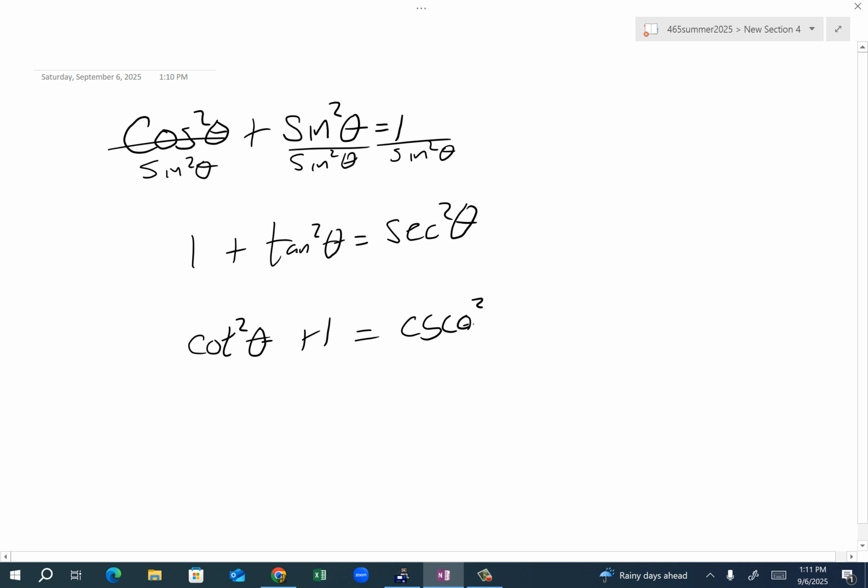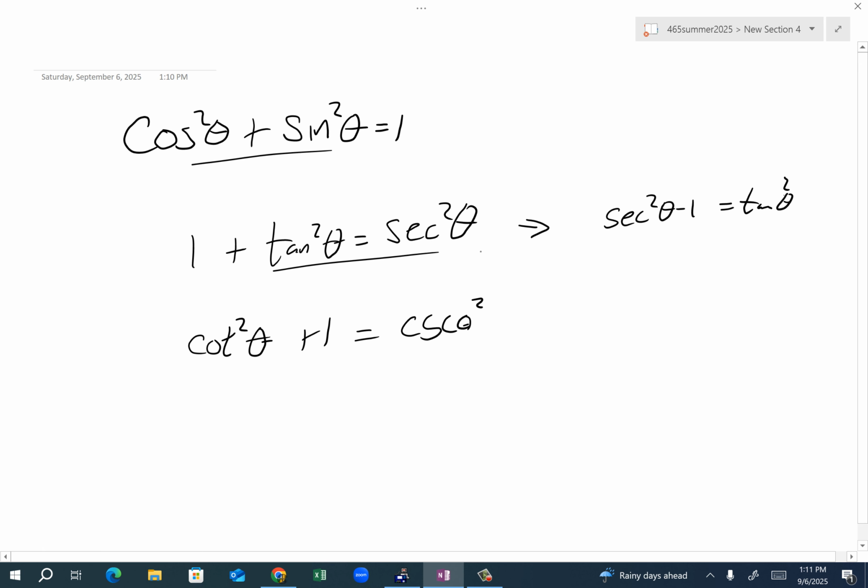A lot of times you'll see this one written as secant squared theta minus 1 is tangent squared. This one probably gets used more than the other one. So you'll see the regular old Pythagorean identity, and this one and this one show up quite a bit. Okay? Be familiar with them.